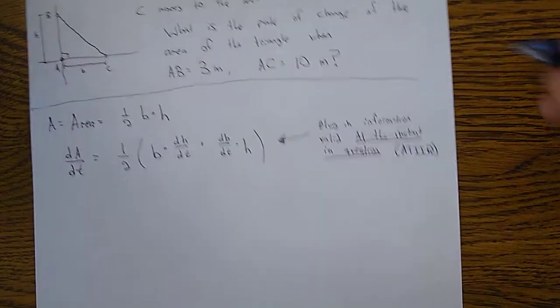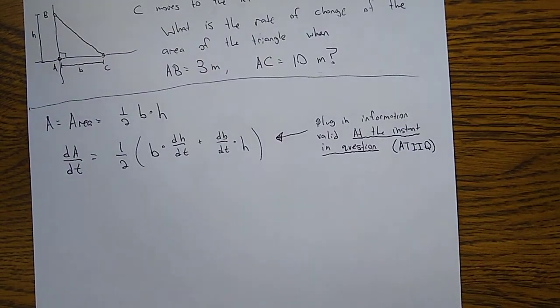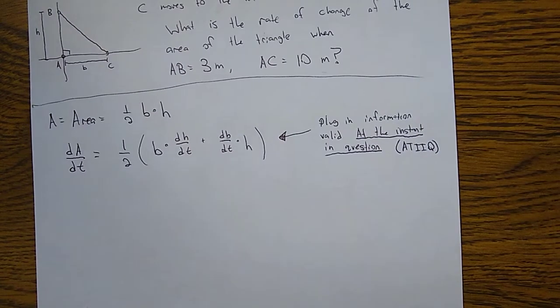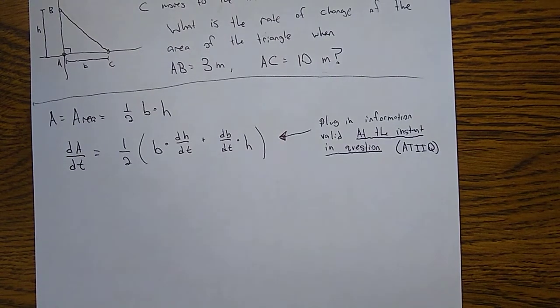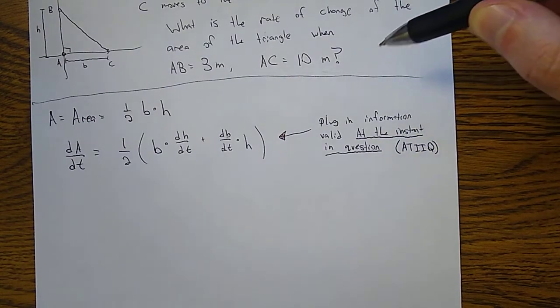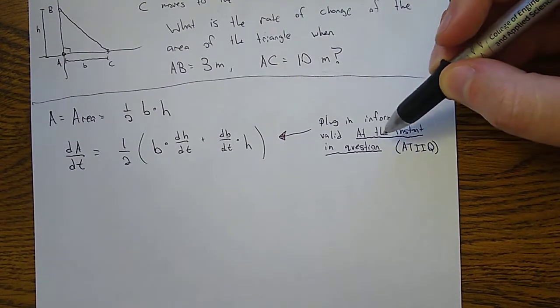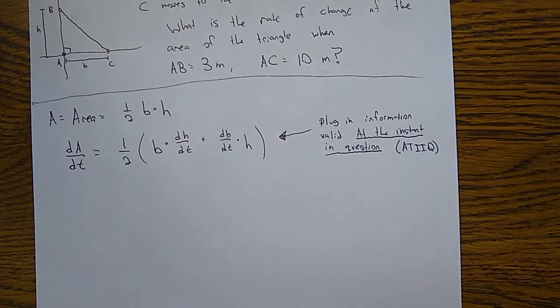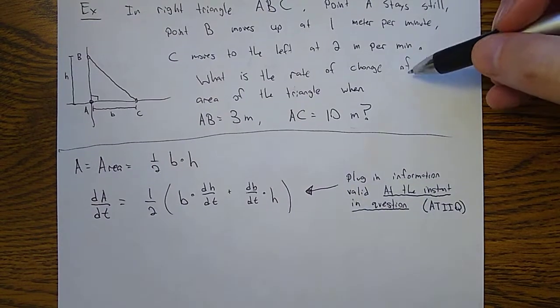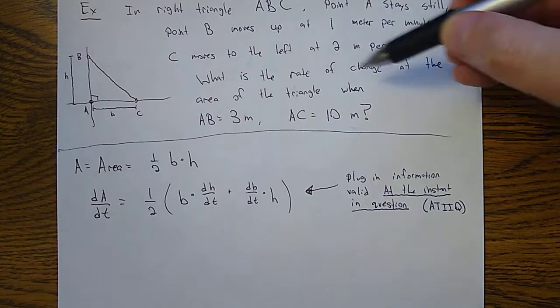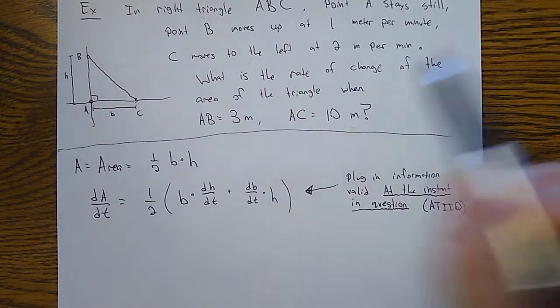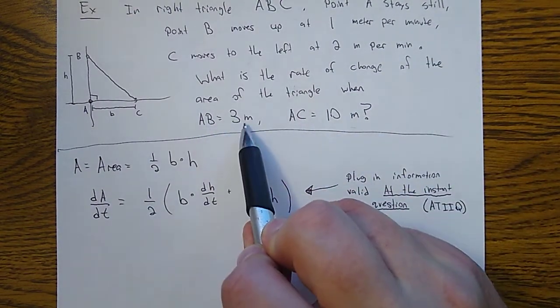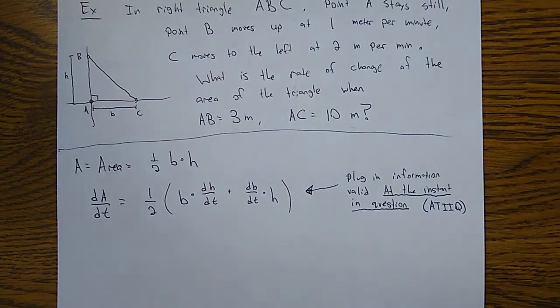This is an abbreviation. I think I might be the only person who really uses this abbreviation, but I find it useful in related rates problems because things are changing. You can talk about what things are at different times, but there's always a particular instant that the question is about. In our case, the instant in question is whatever instant it is when AB is 3 and AC is 10.